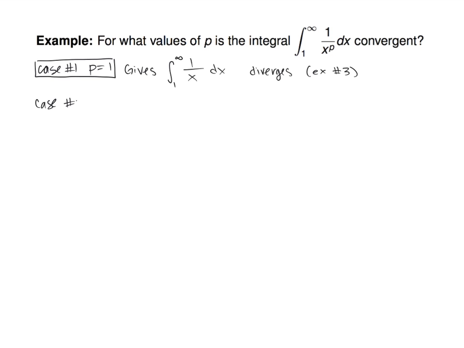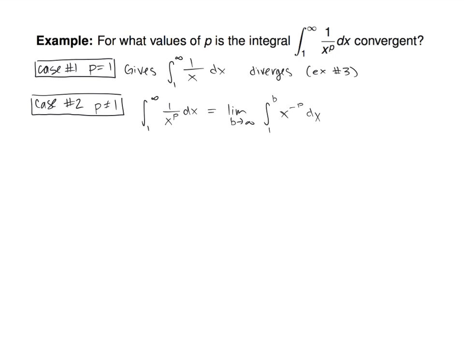So case number 2, which we're going to break into later cases, we're just going to assume that p is not equal to 1. So then find the integral from 1 to infinity, 1 over x to the p dx. That's the limit as b goes to infinity of the integral from 1 to b of x to the negative p.